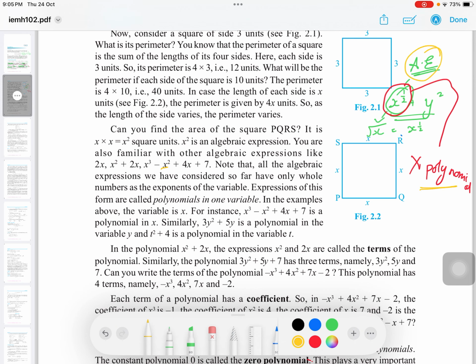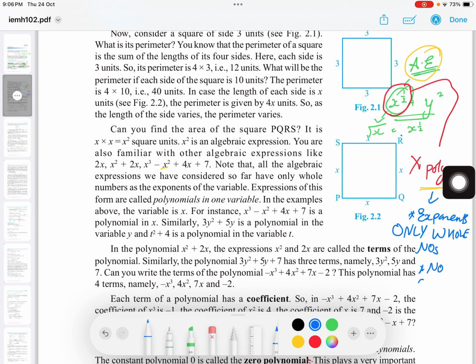So a polynomial உடைய conditions, a polynomialனா exponents வந்து only whole numbers. Okay, மற்றதெல்லாம் same. It has no conditions for coefficients, variables and all of that.